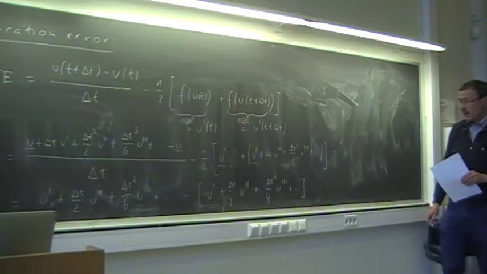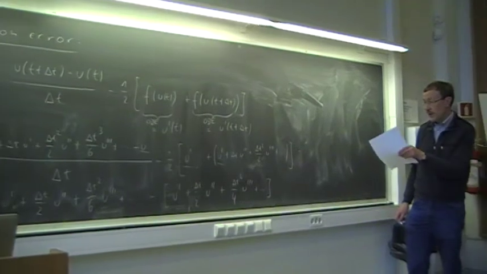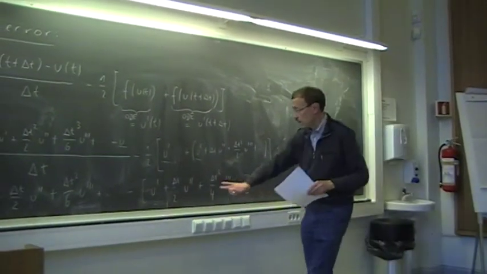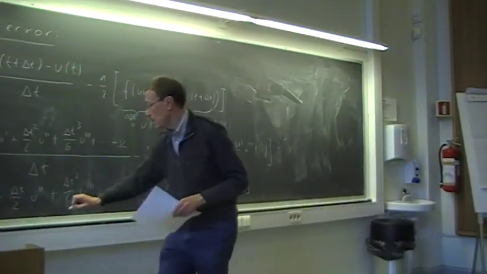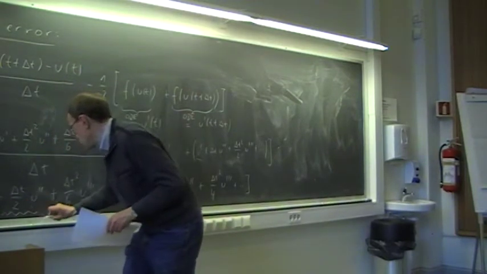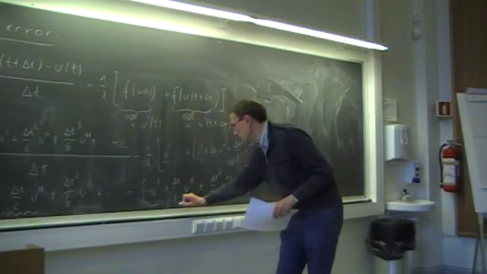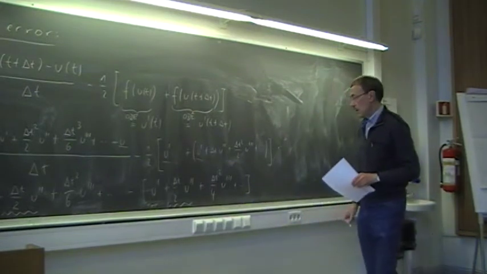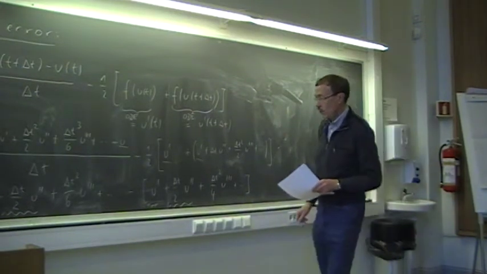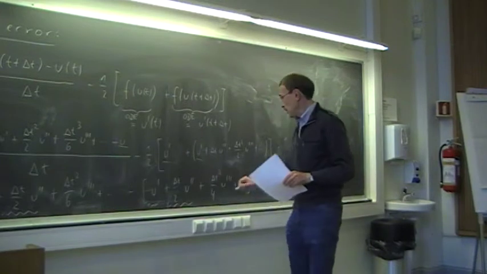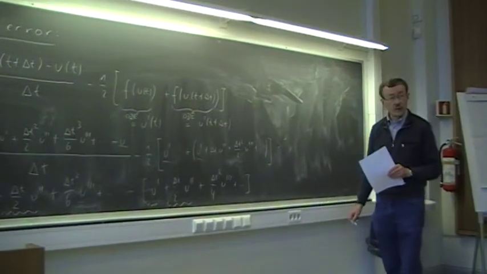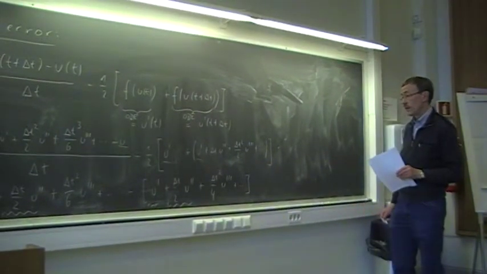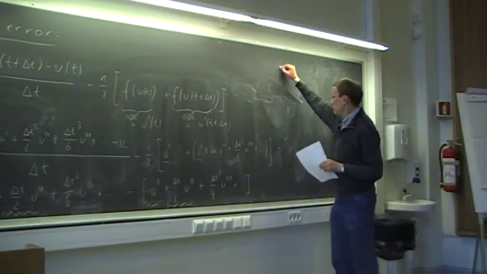And now we see that the u prime and the next term, they cancel. So we see here this and this term, they cancel with that. And then we are left with 1 over 6 minus 1 over 4 delta t squared times the third derivative as the leading error term.